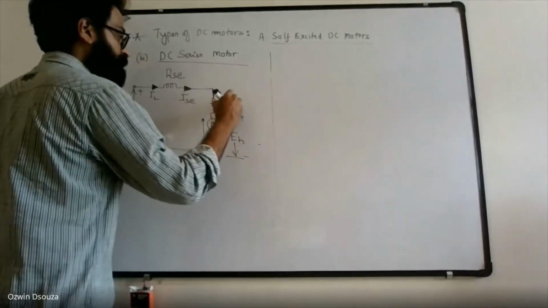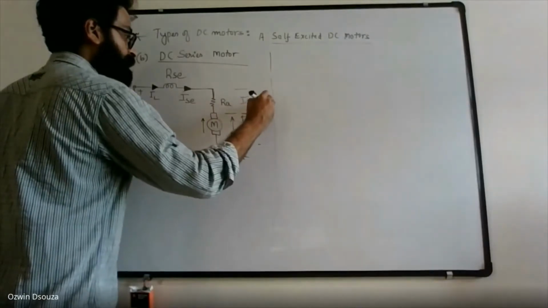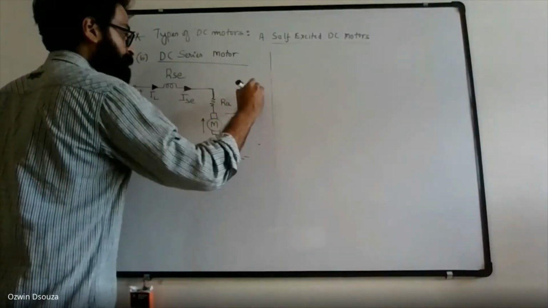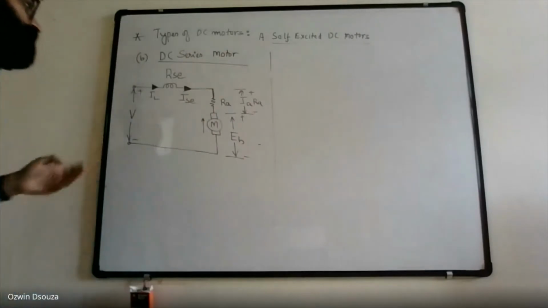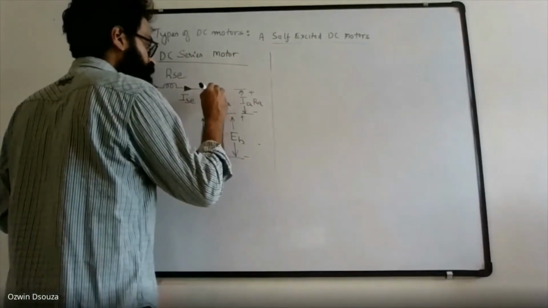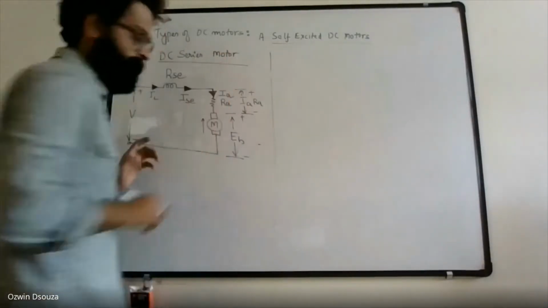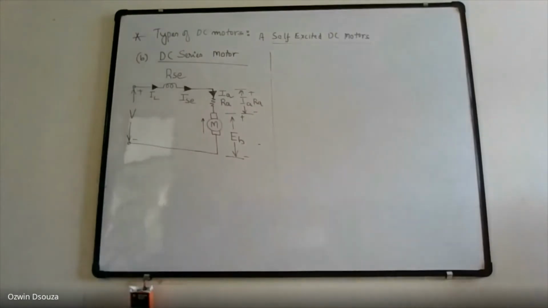Okay, so this is RA, and let us consider the drop IARA. And the current flowing through the armature, let's consider IA. Okay. Now, very interesting results you are going to get in case of a DC series motor.